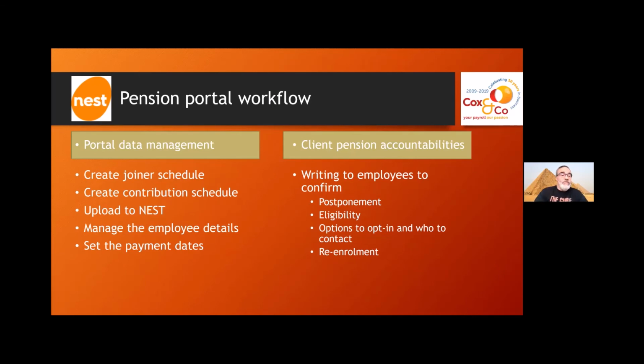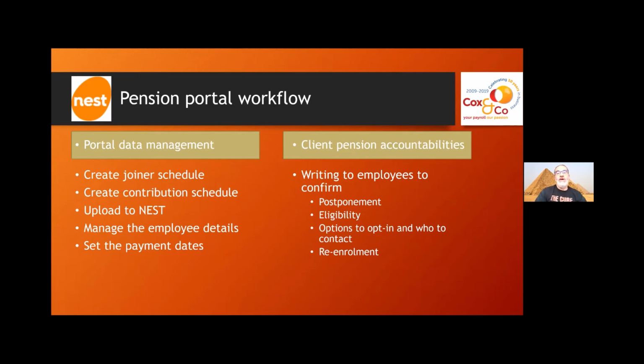So we're also managing employee details to a degree. We're managing employee details in terms of their worker group and their contributions. Importantly, we're not managing the address. Some pension portals allow exchange of address information.